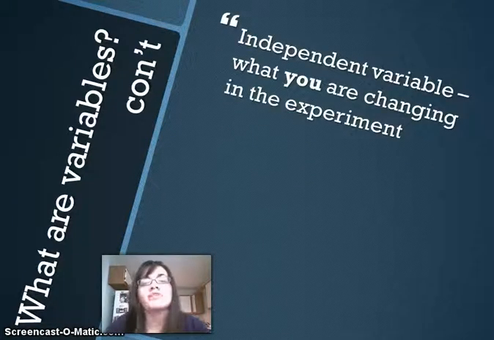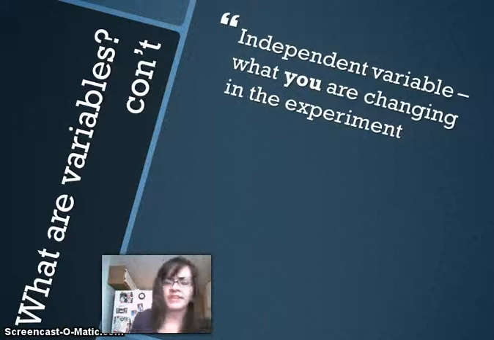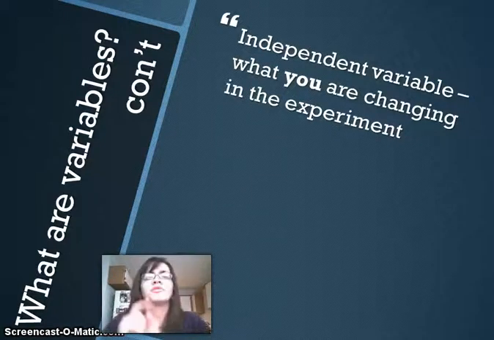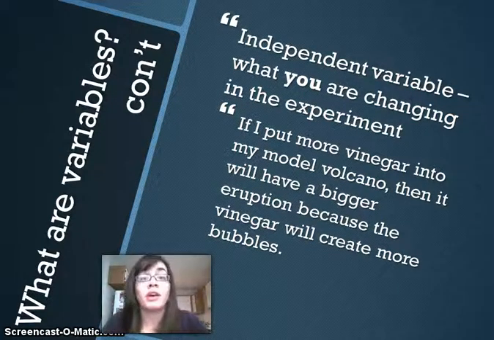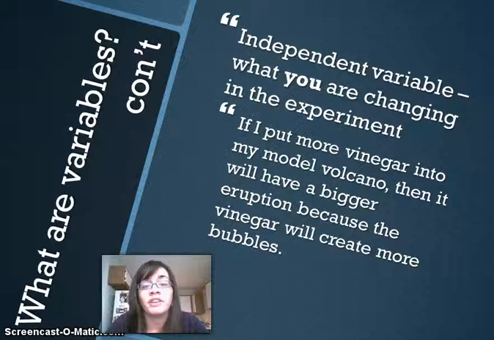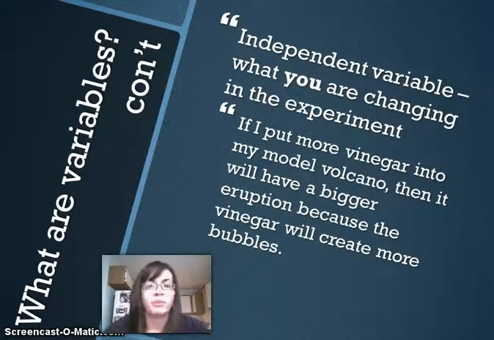Okay. You also have an independent variable. I asked you about this in that questionnaire we did last week. An independent variable is what you are changing in the experiment. And this is what I mean by that. Let's go back to that question about the model volcano. I wrote a hypothesis for that. If I put more vinegar into my model volcano, then it will have a bigger eruption because the vinegar will create more bubbles.